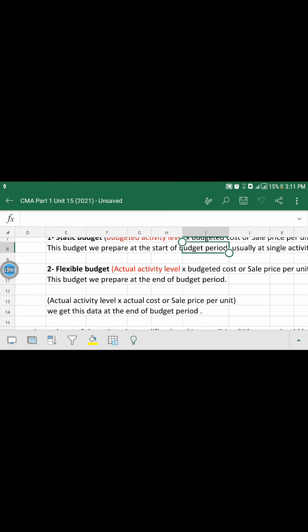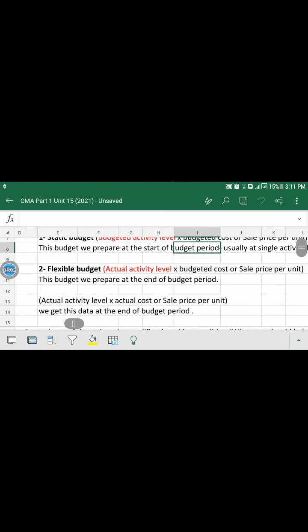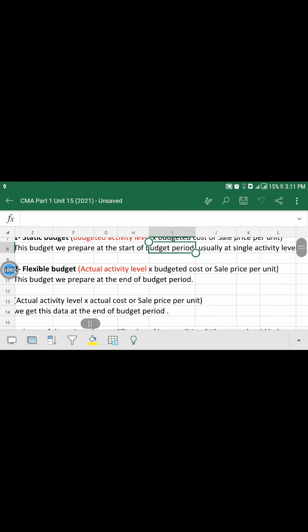The standard sales price, estimated at the beginning by the manager or head of department, is applied at the actual level of activities at the end of the period. That is called the flexible budget.